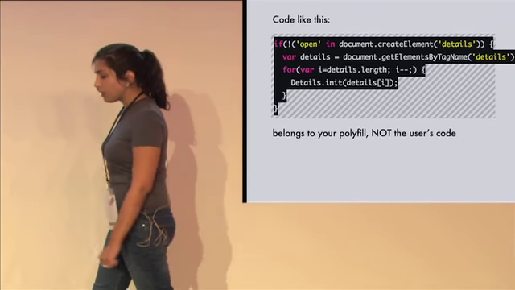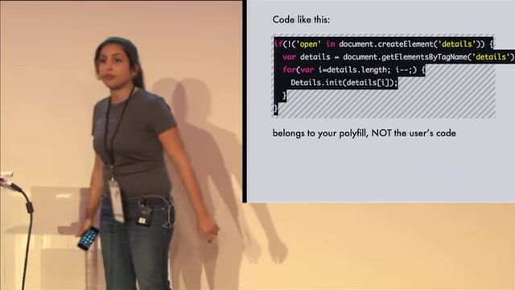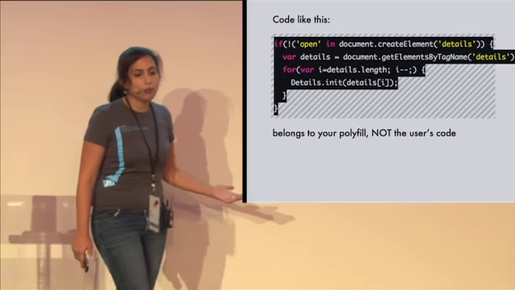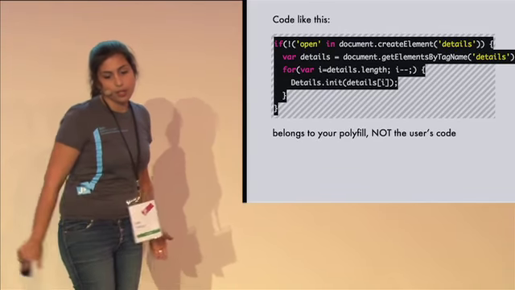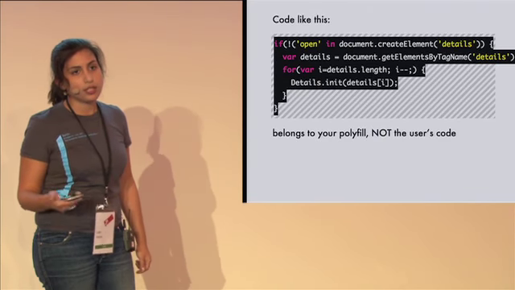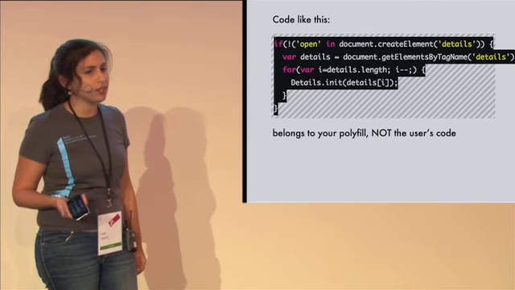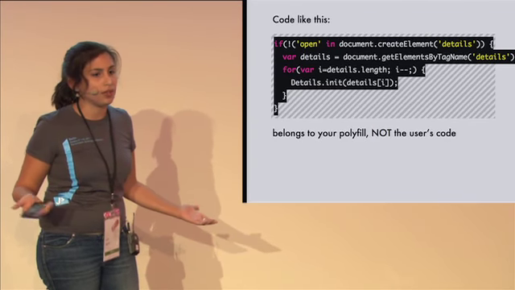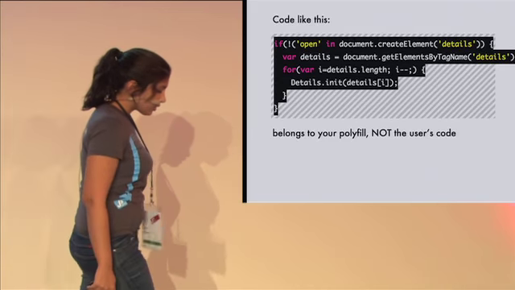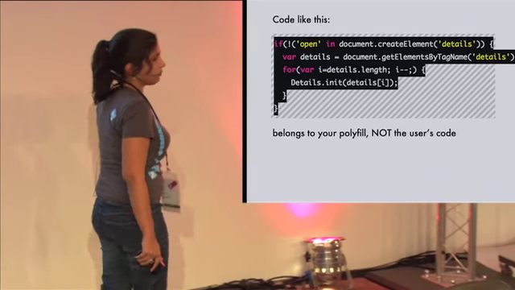So afterwards, when the time comes to remove the polyfill, your code will break. For example, in this case, it calls the init method of a details object. When the polyfill gets removed, this will throw an error. There's no details element defined. So that's not how a polyfill should work.